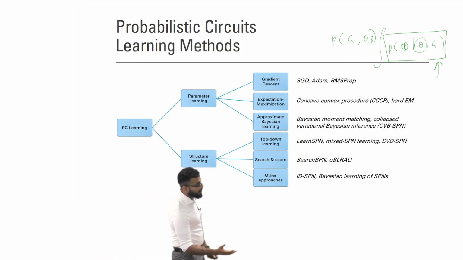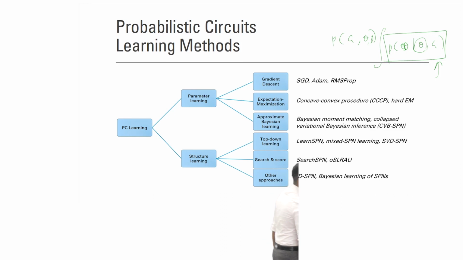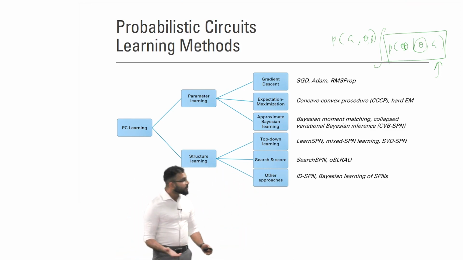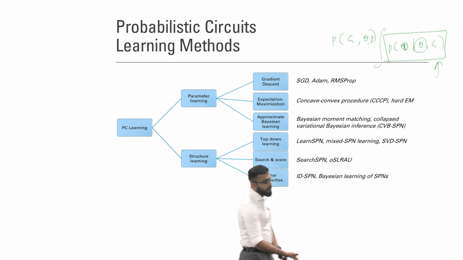So people have looked at that perspective, which is a more principled way of doing structure learning, right? You take a probabilistic view where you come up with a probabilistic score for the structure that you have, and then you use that in a search algorithm to get a structure.